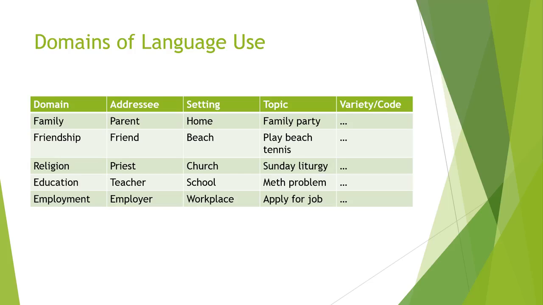For example, in the family domain, the addressee is parents, the setting is at home, and the topic is a family party. Another example is the friendship domain, the addressee is a friend, the setting is at the beach, and the topic is playing beach tennis, and so on.